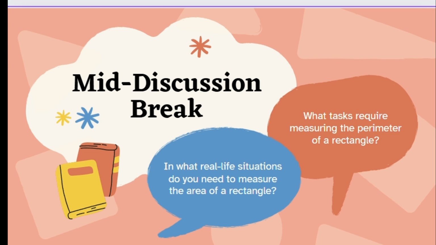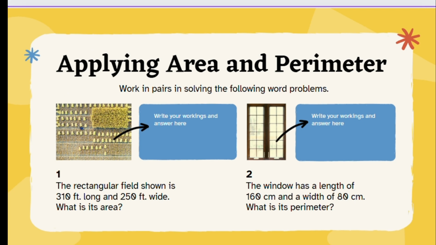And you can find the area of a rectangle in every situation. Somebody can ask you to find the area of a box, or the area of a particular space. You should have some knowledge about the formula of the area of a rectangle.